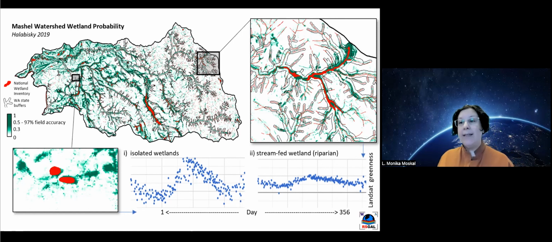We do utilize LiDAR, but we utilize the topography of LiDAR data and other metrics associated with topography out of LiDAR to create these products. And then we can determine the function, or we want to, because we're still continuing to dive into this, the function of these wetlands on a wet landscape.